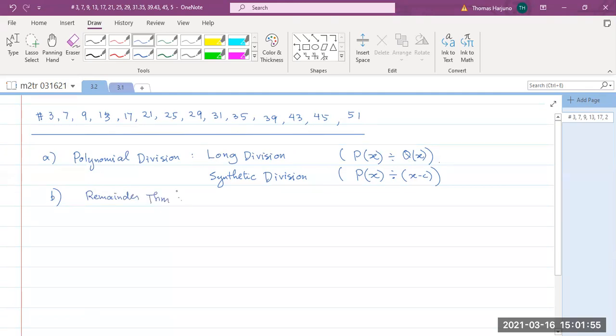Let's remind ourselves what the remainder theorem is. It says the following: if polynomial p(x) is divided by x minus c, then the remainder r is equal to p(c). And you can see that we can use synthetic division for that.